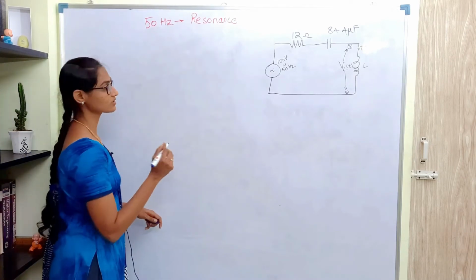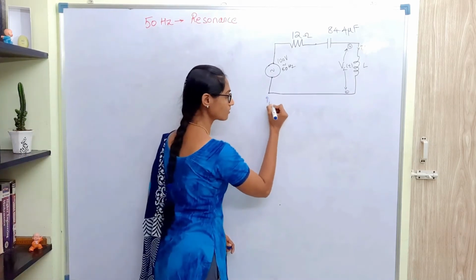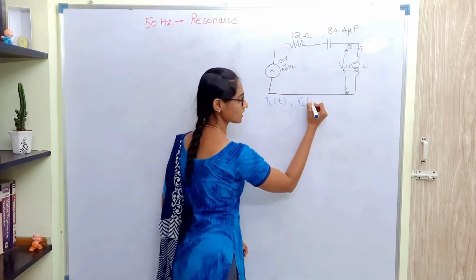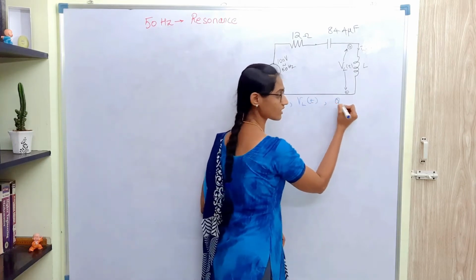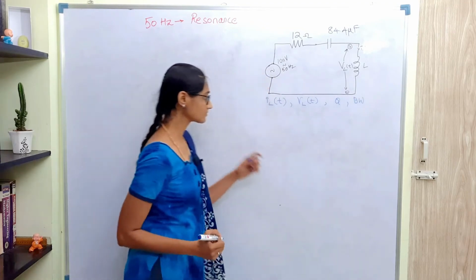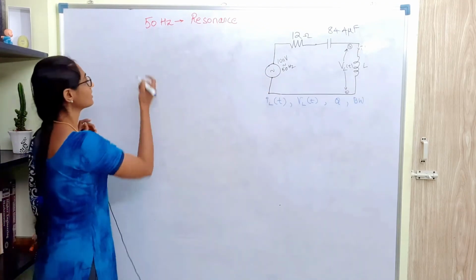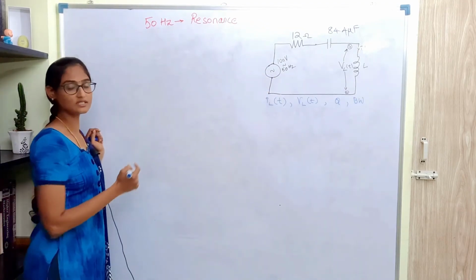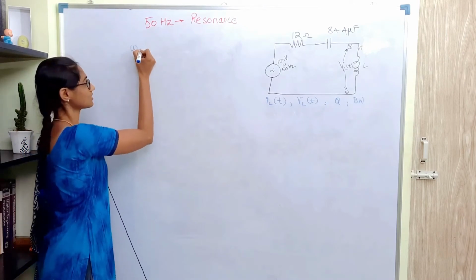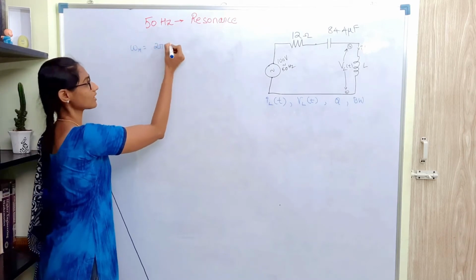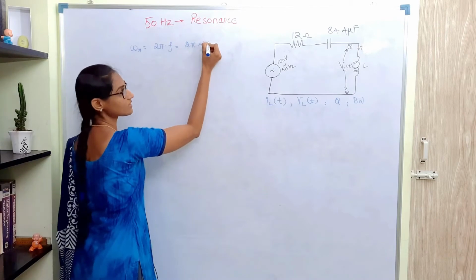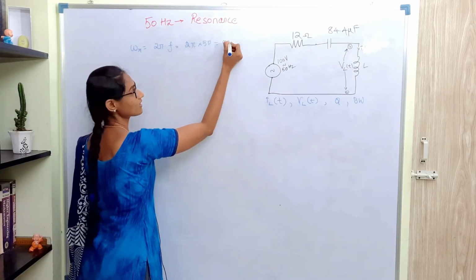It's given that the circuit is in resonance. We are asked to find out the load current at resonance, then the voltage across the inductor, then the Q factor and then the bandwidth. Resonance happens at 50 Hz. So the angular resonant frequency is 2 pi into F, which is 2 pi into 50 Hz, which is 100 pi.